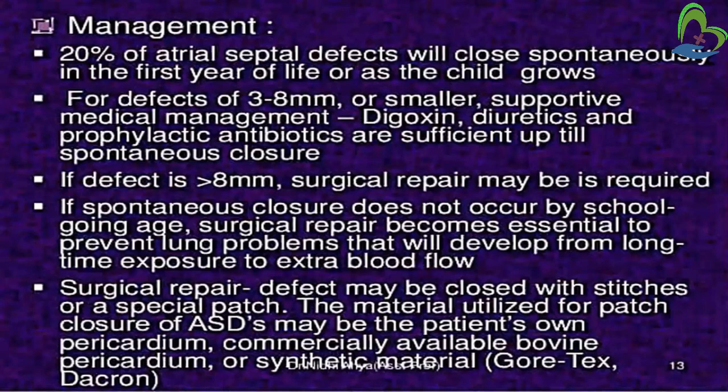Now in surgical repair, the defect may be closed with stitches or a special patch. So we can close this defect with the help of stitches; sutures are taken and the defect is closed. Otherwise we can also use a special patch.